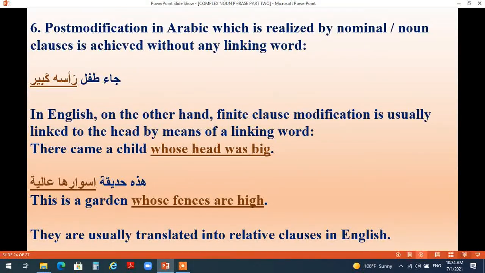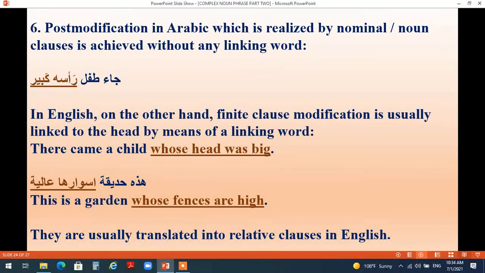هنا نصف كلمة حديقة باستخدام nominal clause اللي هو أسوارها عالية، ولا توجد أداة تربط ما بين these two phrases. When we translate it into English, again we need a linking word. نحتاج إلى أداة ربط. عادة أيضا تكون أداة الربط هنا هو استخدام ضمير الوصل أو using a relative pronoun.